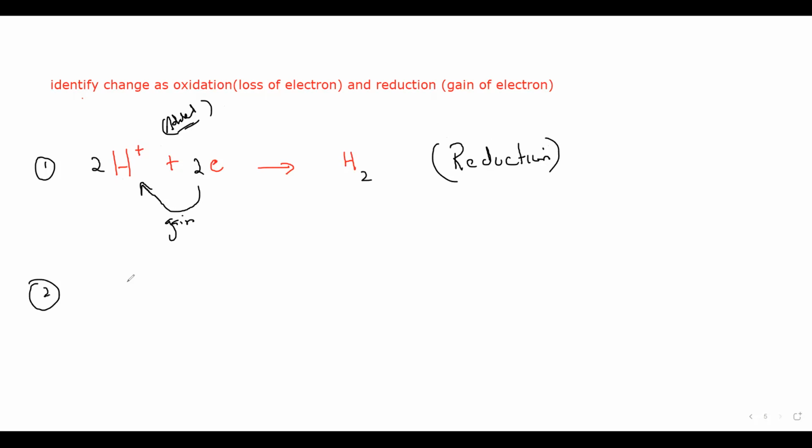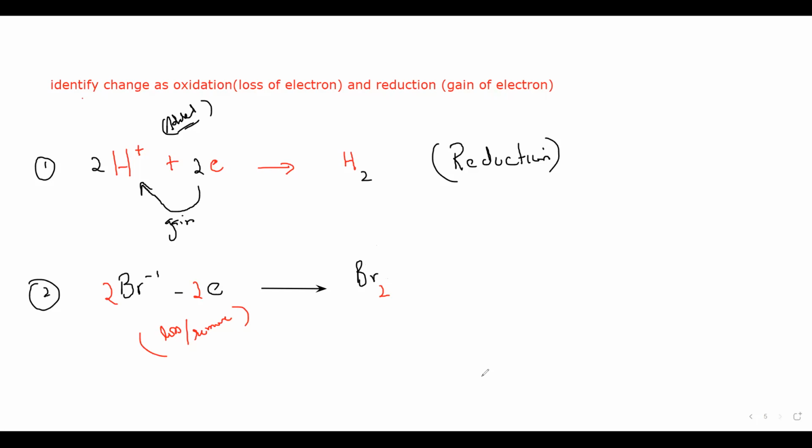But if we have, say, bromide ions turning into bromine molecule, this is the equation. Bromide ion minus e means loss or removed.